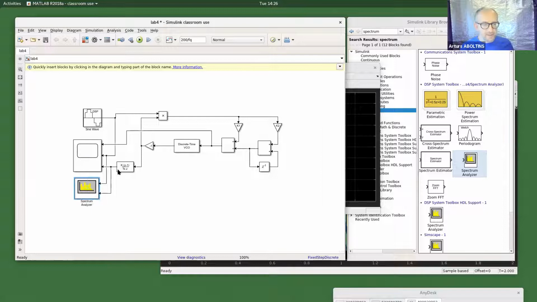But this derivative, of course, will make a little bit of high pass filtering, and it will increase the amount of harmonics in the signal.